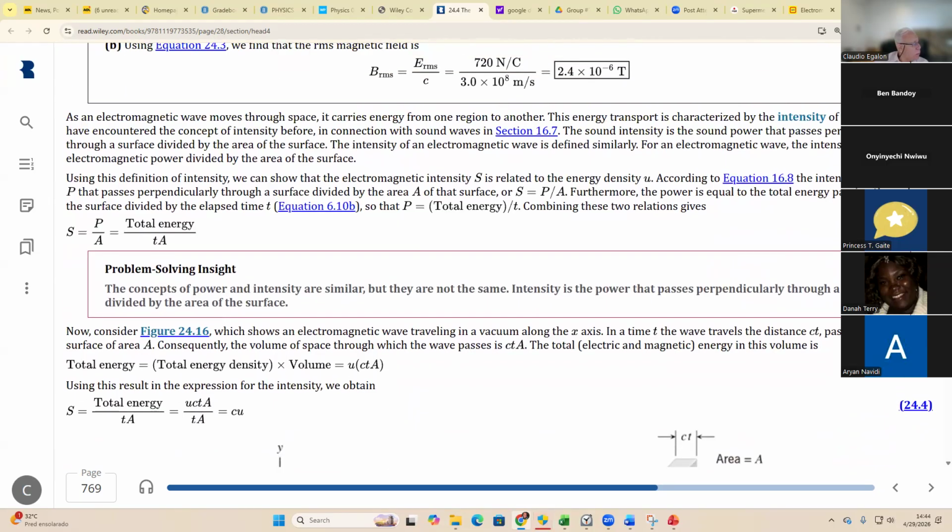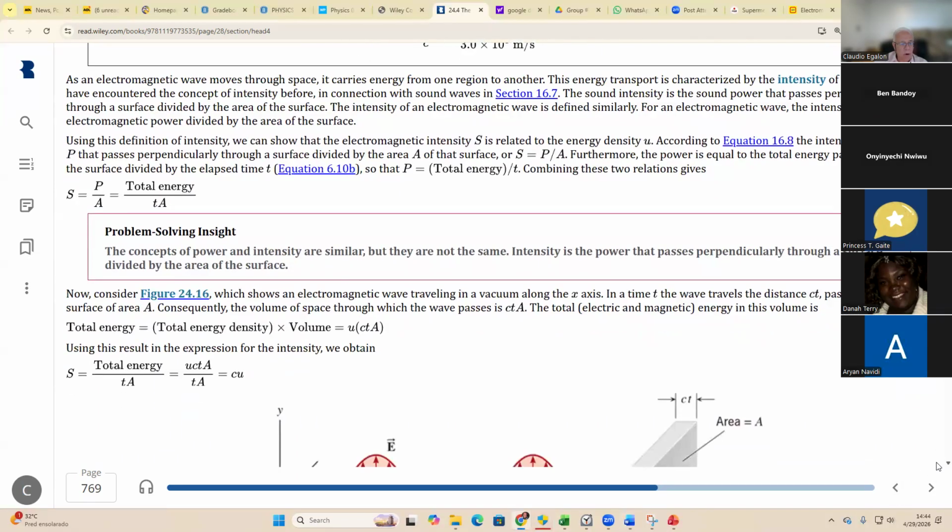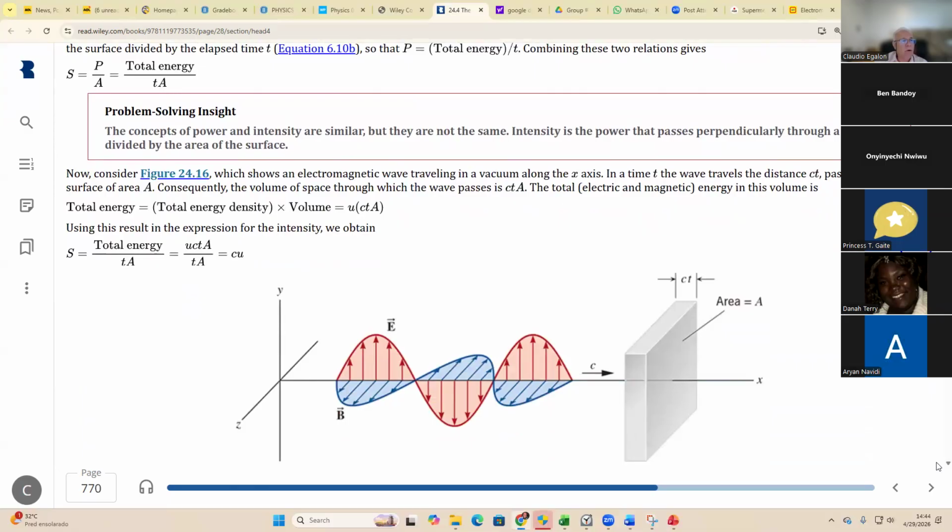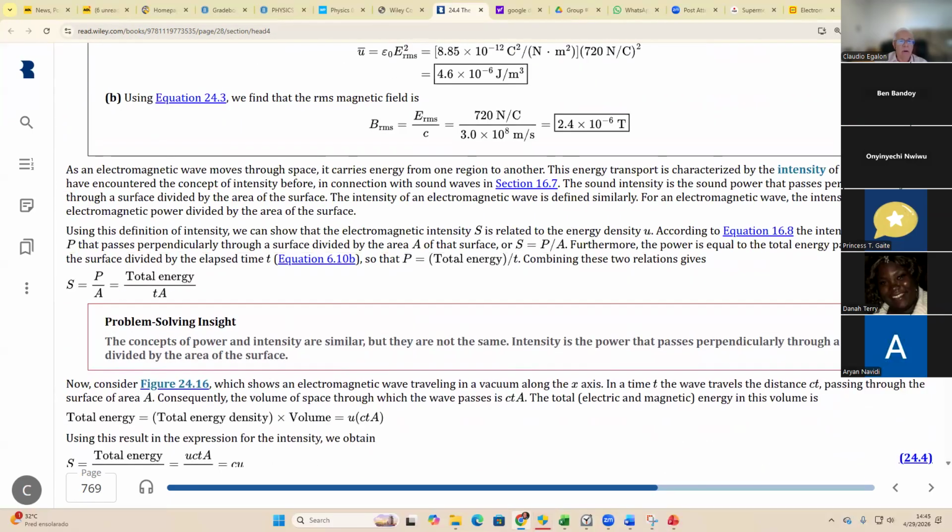Okay, and there is one more thing that I have to mention, the Poynting vector. The Poynting vector is an important vector that measures the total energy per unit of area per unit of time that's incident on a surface. Okay, and that's the only thing that I didn't cover.